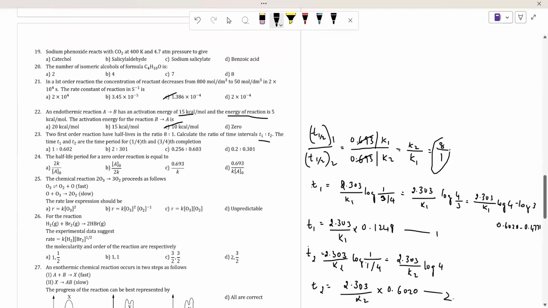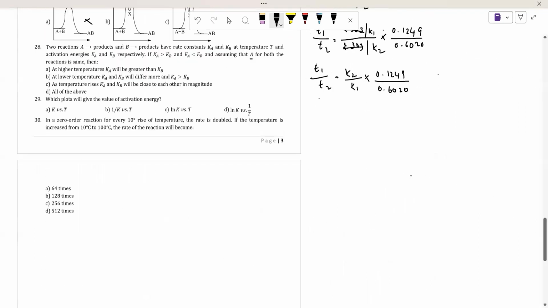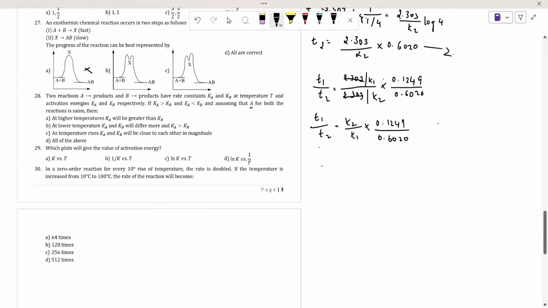Substituting this value, T1 by T2 is equal to 8 into 0.1249 divided by 0.6020, which is equal to 0.9992 divided by 0.6020. This can be rounded off and it becomes 1 is to 0.6020.